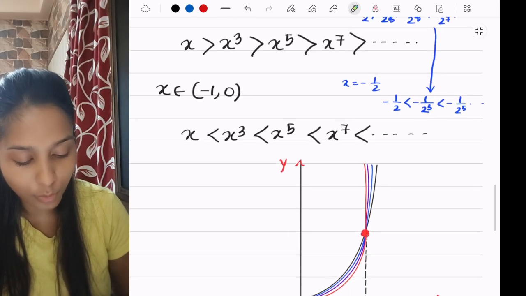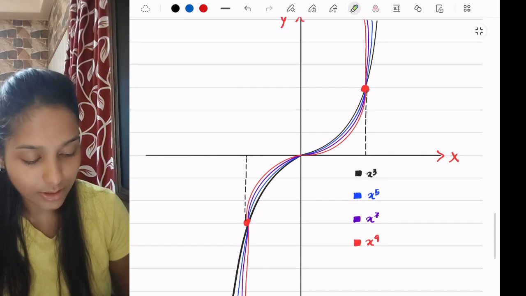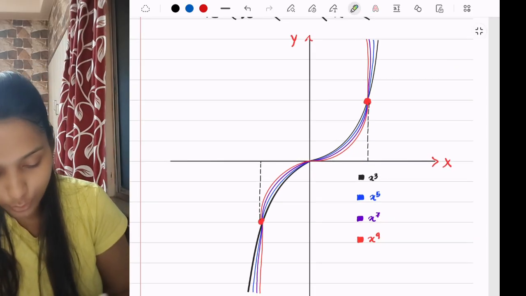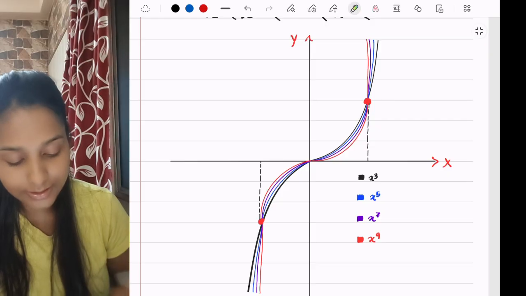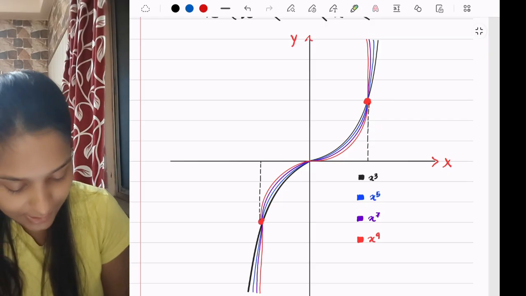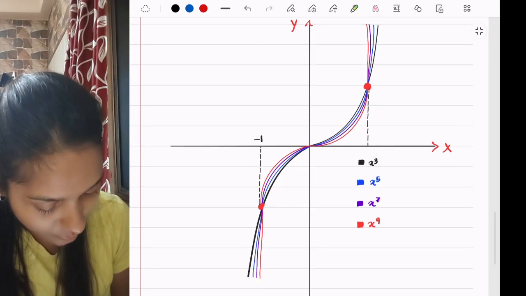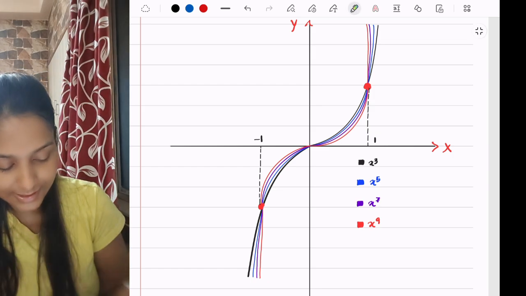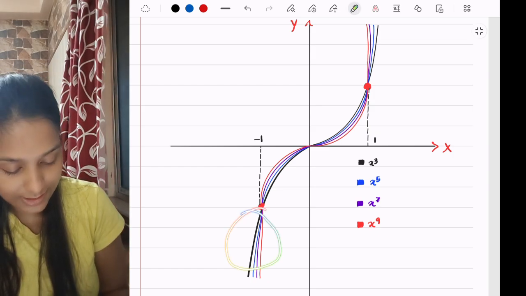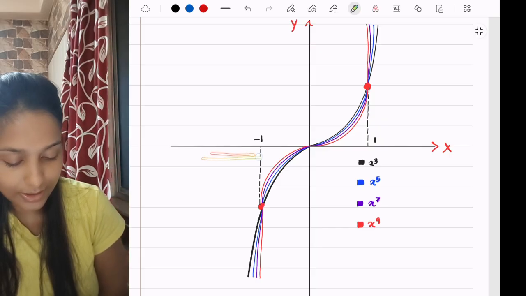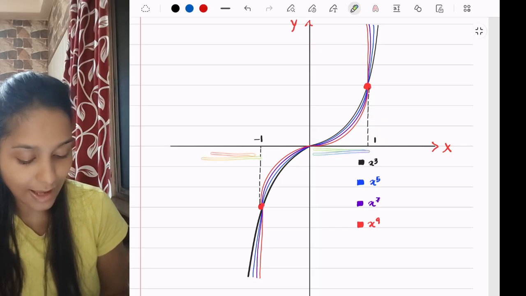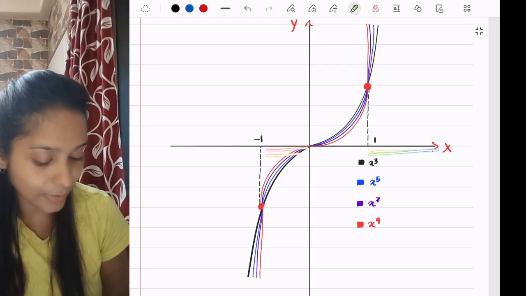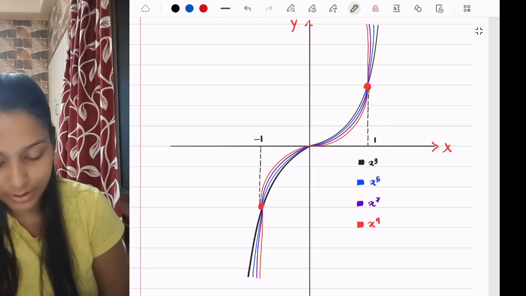Now if we try to plot the functions here, let me take this as minus 1 and this one as 1. From the inequality we can see that this part and this part will have the same kind of inequality, and this part and this part will have the same kind of inequality.